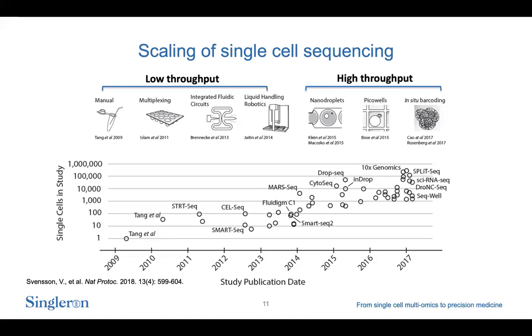Just imagine how much data that is and how much information you can get with a single experiment that you perform. There has been a variety of different methods for single cell sequencing with varying throughput. As I mentioned, in 2009 you had a throughput of one single cell, but currently Singleron is capable of achieving much more in a single experiment.